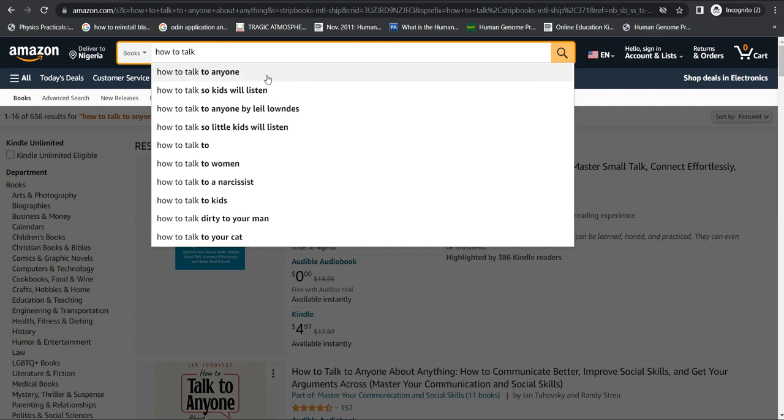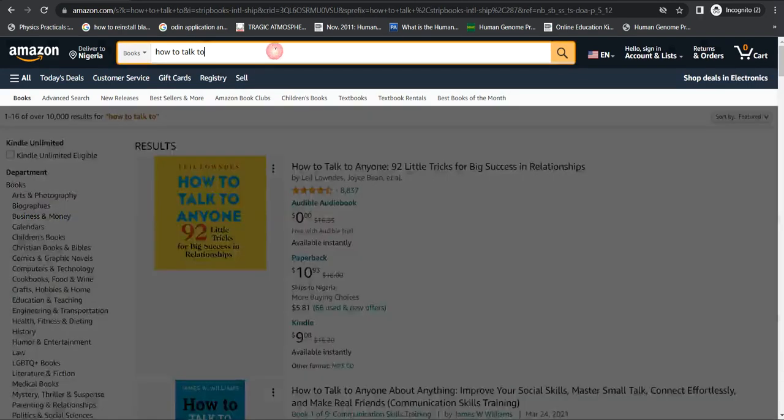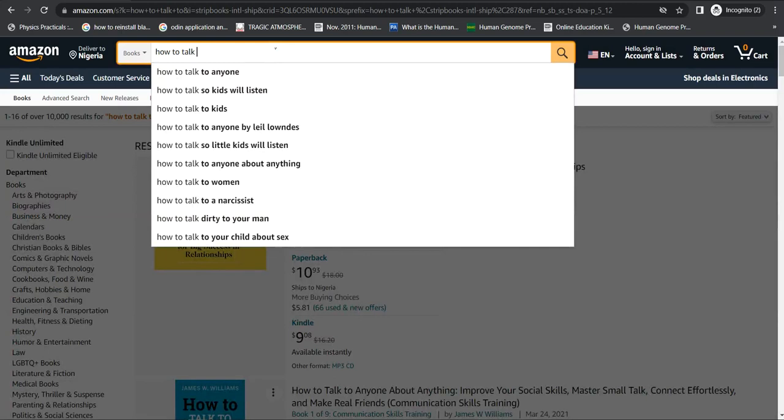I told you the ones at the top are the most performing keywords. Even this one suggested here, just how to talk to, has 10,000 results. So all these are indexed keywords, and you are going to make your selection based on this.